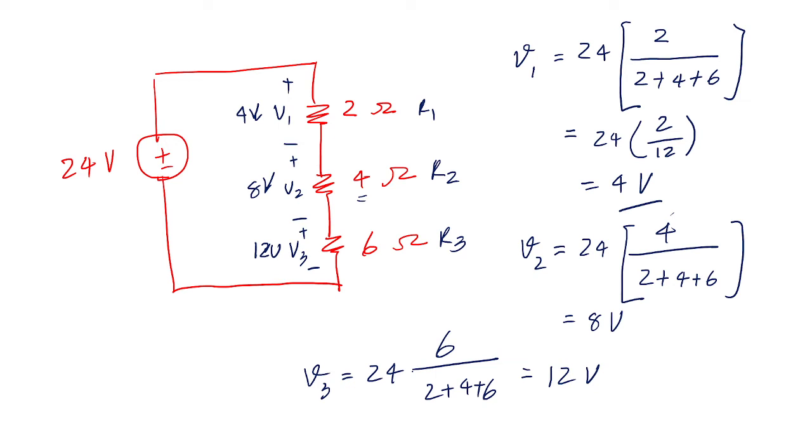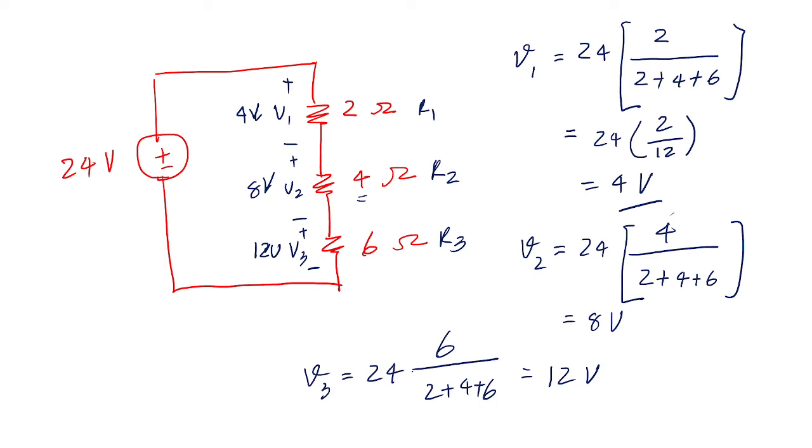Another way to solve for the voltage across each resistance is to combine all the resistances together and compute the total current flow, then multiply the current with each resistance to get the voltages V1, V2.